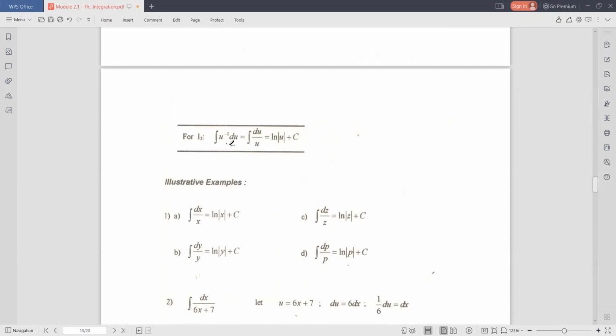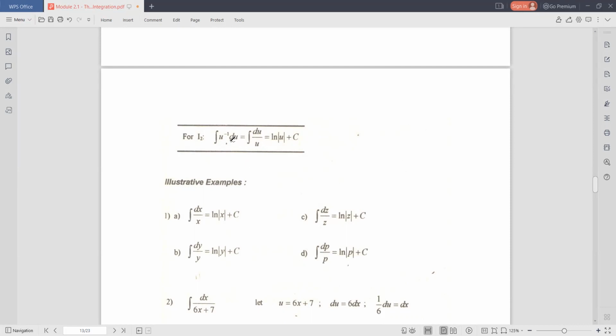Now the second general formula, that is I sub 2. We have the natural logarithm here. That is the integral of the inverse of u, or u raised to -1 du, which is equal to the integral of du over u.